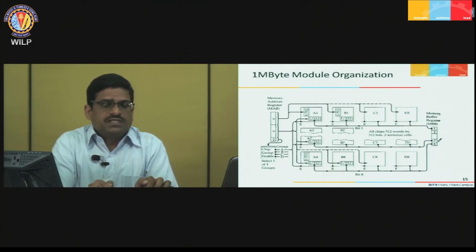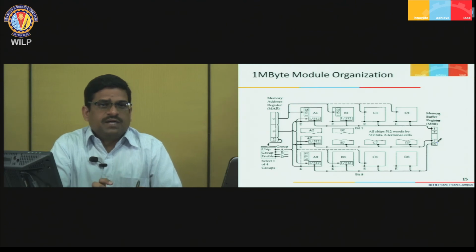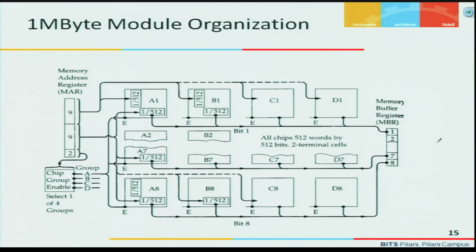Now, this 256 kilobyte module can be used as a base module to make larger memory. So, how to construct 1 megabyte of memory using this 256 kilobyte memory module? 256 kilobyte is my base module.